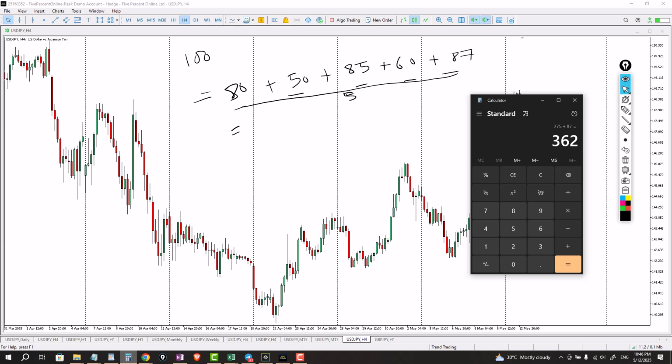Okay, now the sum total of their scores is 362. But to get the mean value, the average value of the test scores, we're going to need to divide this by the number of students who took the test. And in this case, there are 5 students. So the average score, the mean score, is 72.4. Okay, is 72.4.